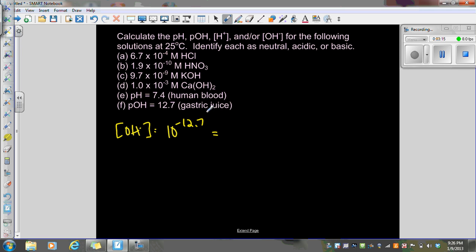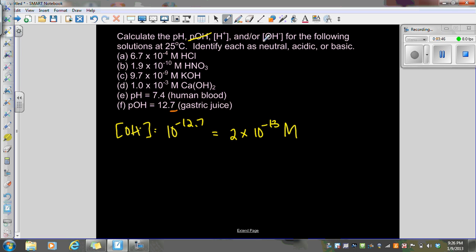If you're not sure how to do that in your calculator, just ask Dr. Quick or myself. We've got one number after the decimal, so that means we want one sig fig. And I got 1.995, so let's make that 2 times 10 to the negative 13th molar. So that's our hydroxide ion concentration.